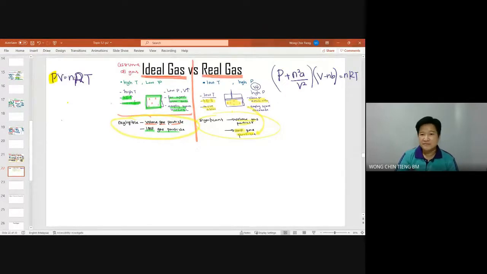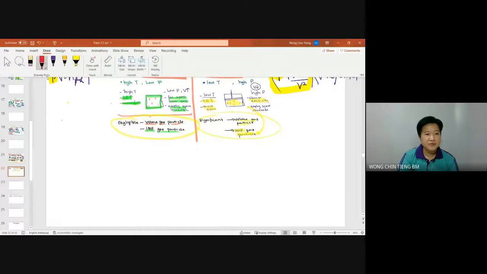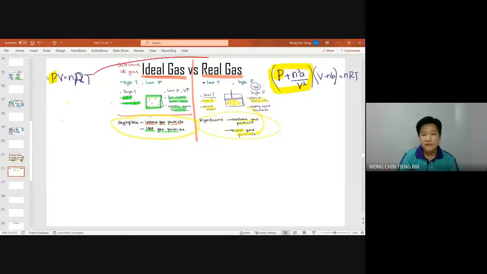Pressure. First and foremost, do you agree that your van der Waals is coming from ideal gas? Okay, agree, yeah? So this P over here is your P ideal. This P over here is your P real. Okay?